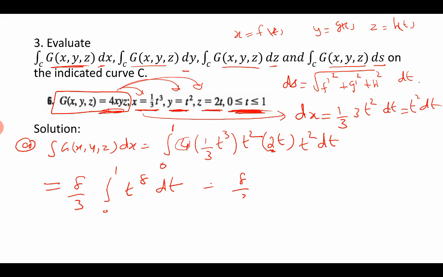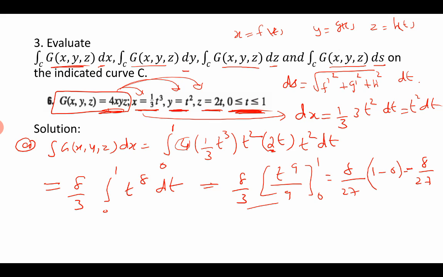So it will be 8 over 3 times t raised to 9 over 9, from 0 to 1. So 8 over 9 into 3, 27. T is replaced by 1, it will be 1 minus 0. So the answer is 8 over 27.